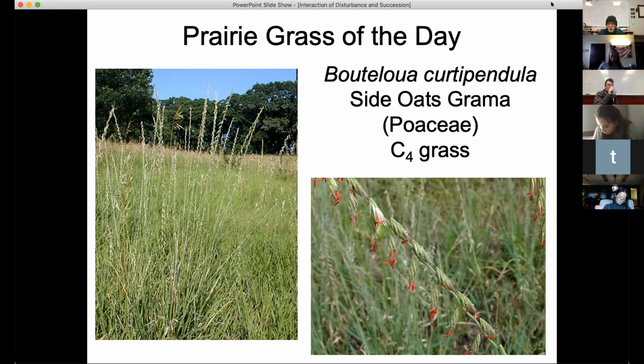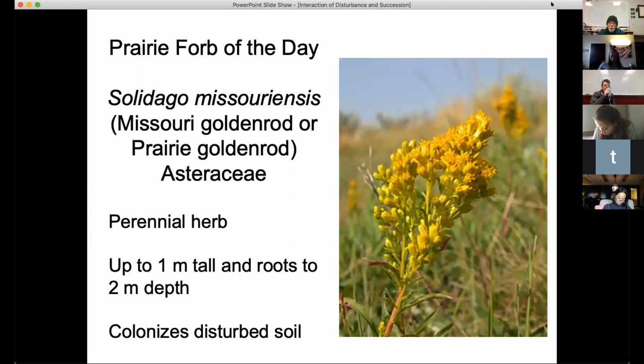Yeah, grasses are different. The prairie forb of the day, this just happened to be the one that popped up in this presentation from last time I did this, happens to be a Solidago species. Missouri goldenrod or prairie goldenrod, Solidago missouriensis. It's a perennial herb.